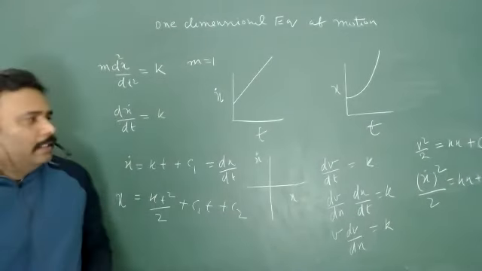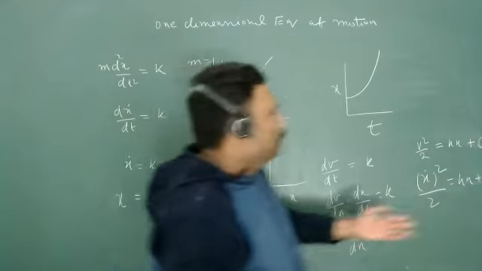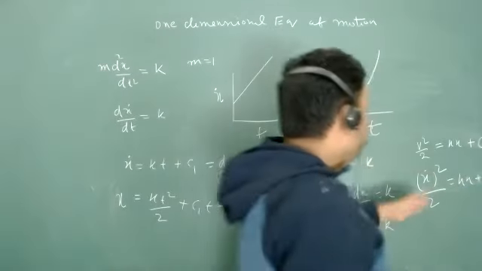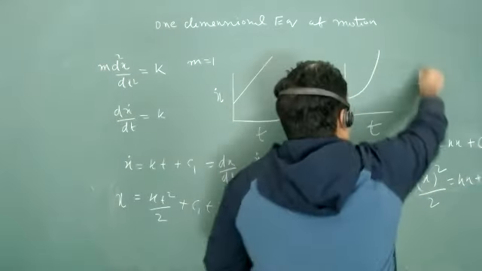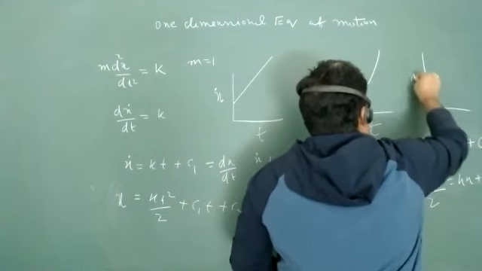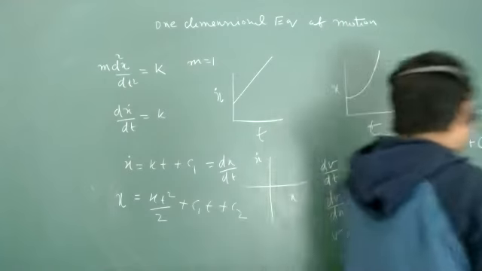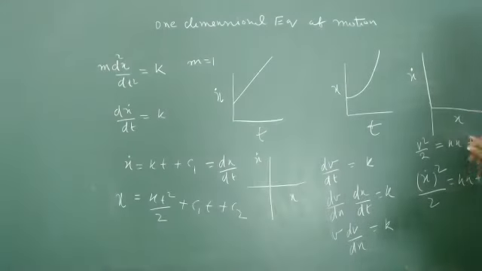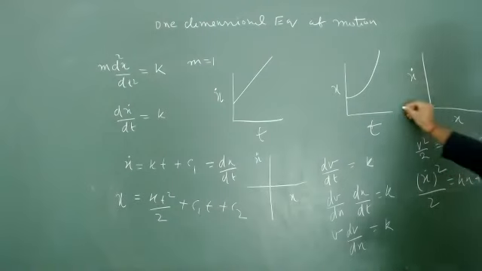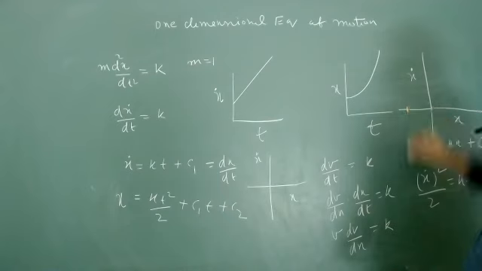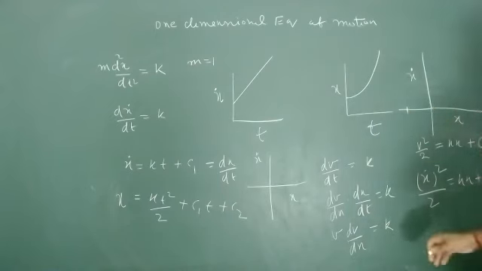Obviously, if c is positive, then I have this particular curve of x dot and x, something like this. When v is equal to 0, then x is equal to minus c upon k. So it depends on the value of c.